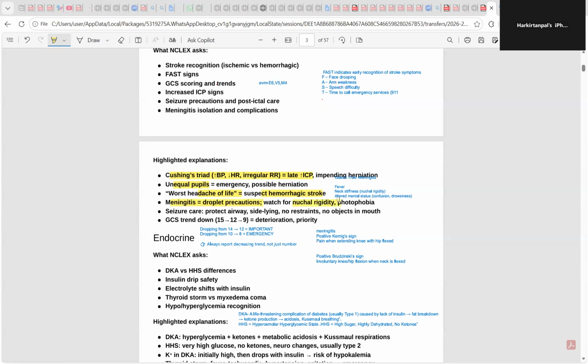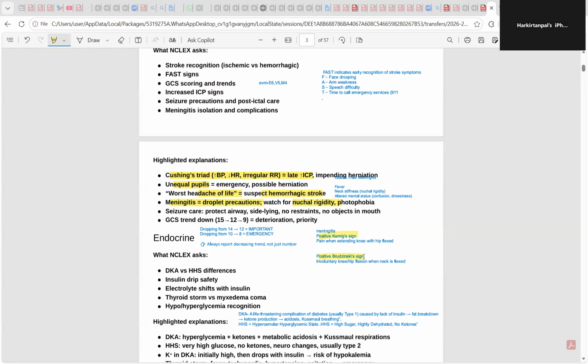In meningitis, two signs we need to focus on are the positive Kernig sign and the positive Brudzinski sign. A positive Kernig sign means that while extending the knee with the hip flexed, the client will experience pain in the calf muscle. The Brudzinski sign means that when we flex the neck, the client will involuntarily flex the hip or knee.